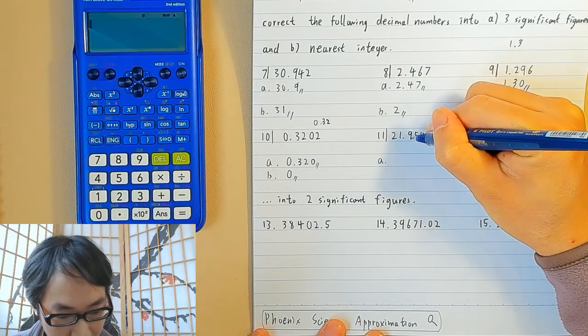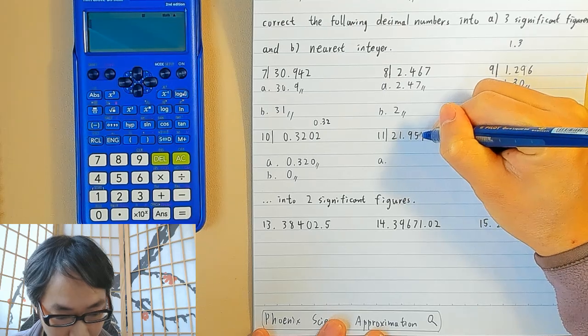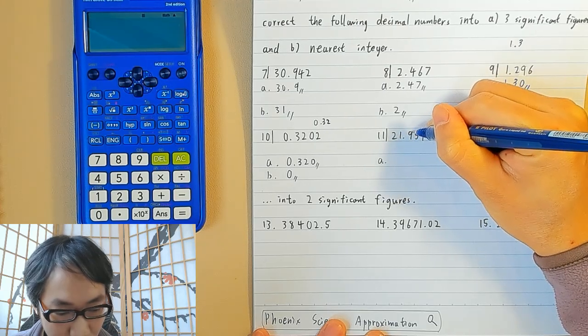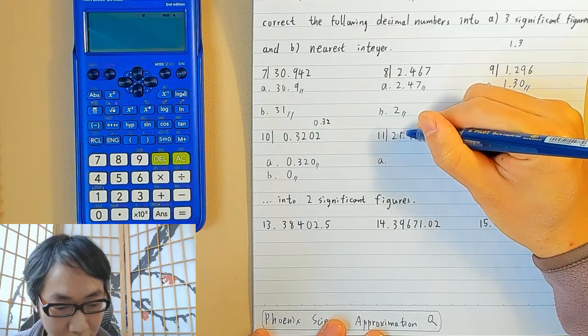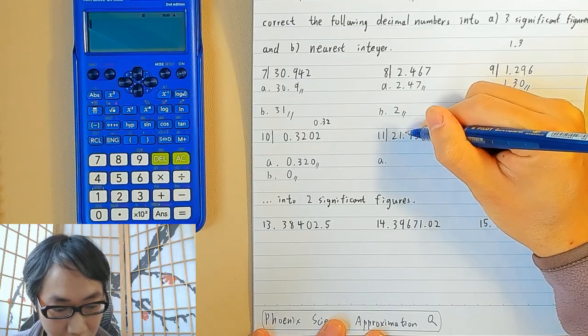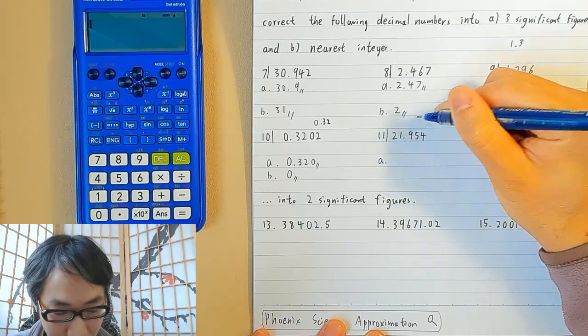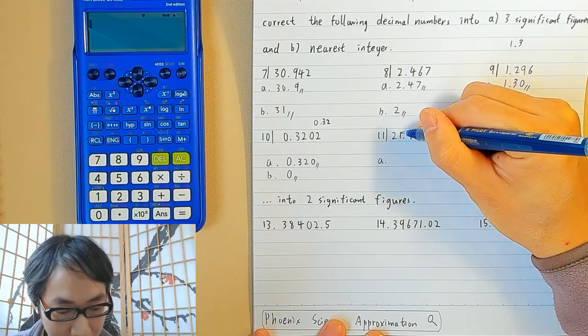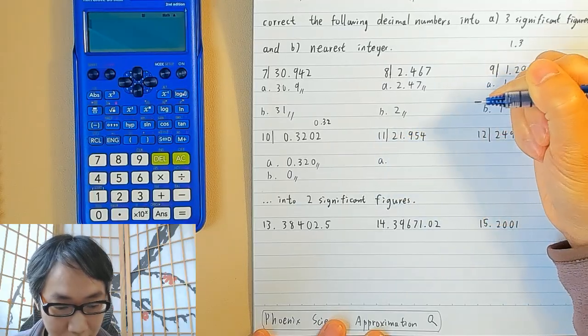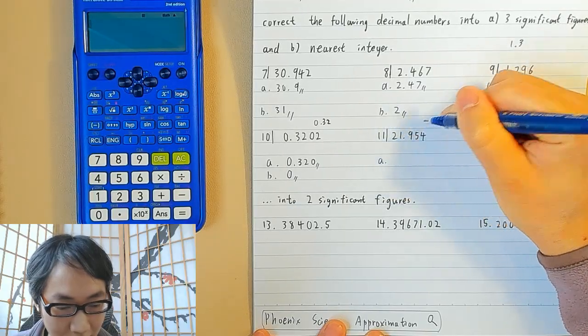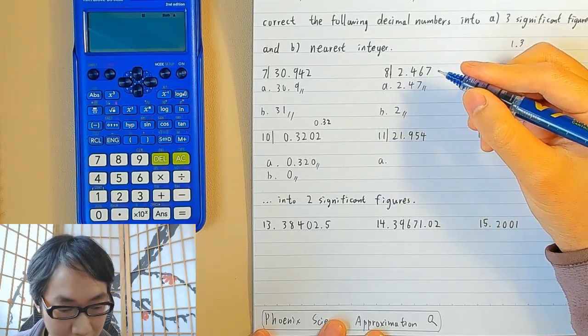The first figure is 9, but the next figure is 5. So 9 will be increased. And to increase 9, we have to look at the next digit on the left as well. So 19 has to become 20.